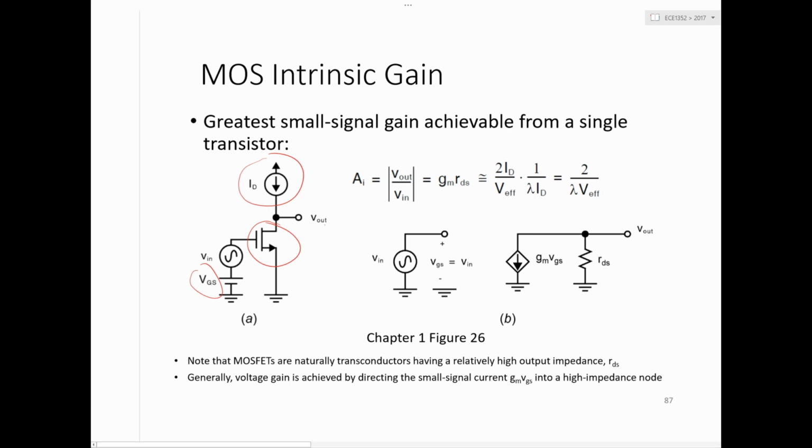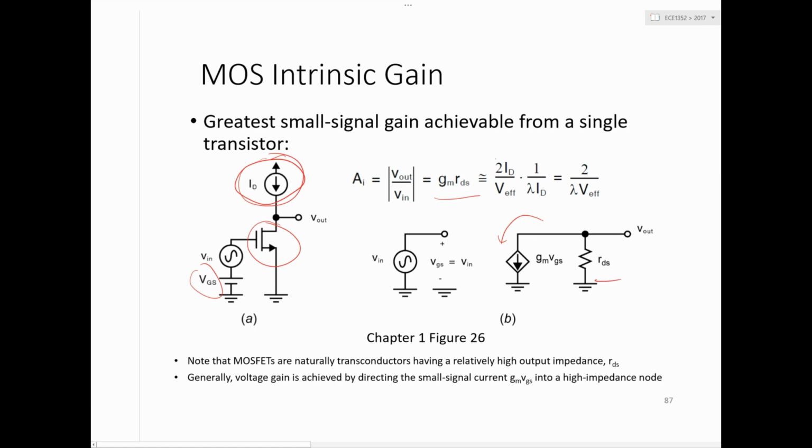Then you modulate the gate, and that gives you the small signal current GM VGS. And because we've biased it with an ideal current source, the only load the transistor sees is itself, its own small signal RDS. So in that case, you've got the full voltage gain of the transistor, its intrinsic gain, GM times RDS.